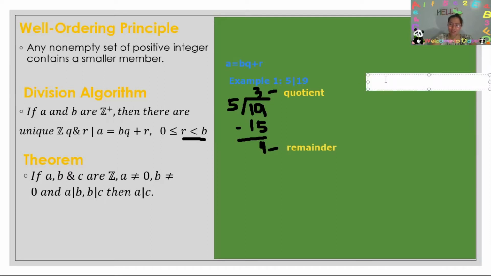So we have here 19 as our value of A equals 5, which is the value of our B, multiplied by 3, which is our Q, plus our remainder, which is 4.